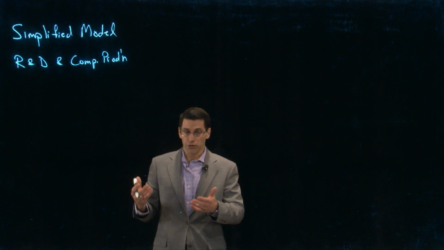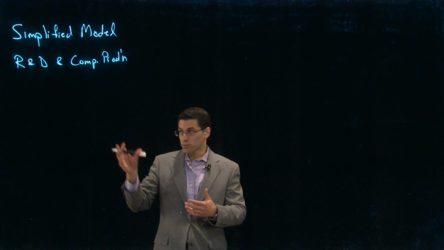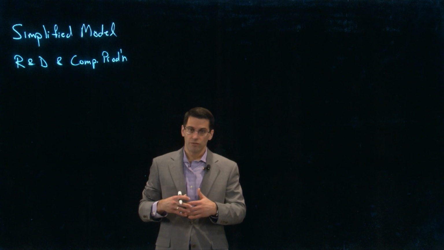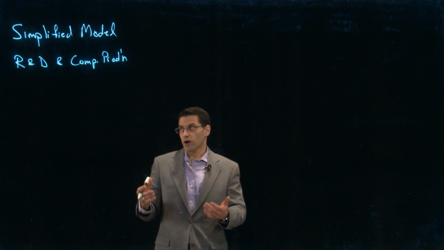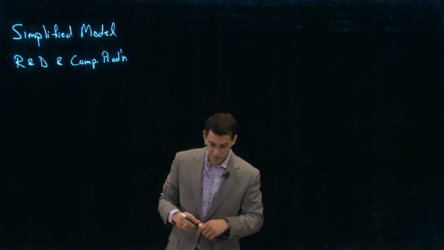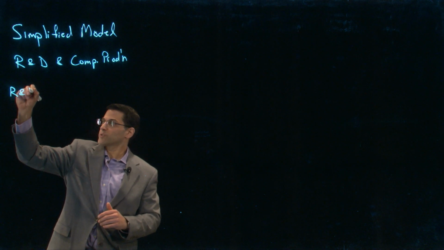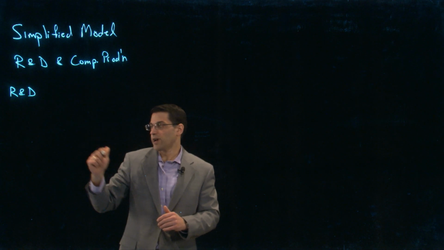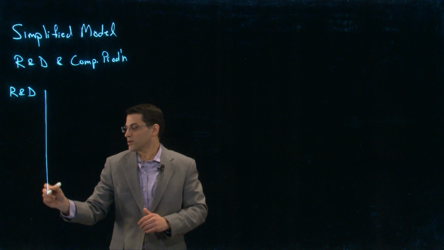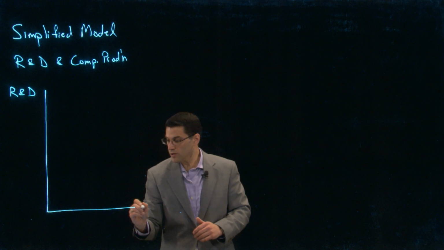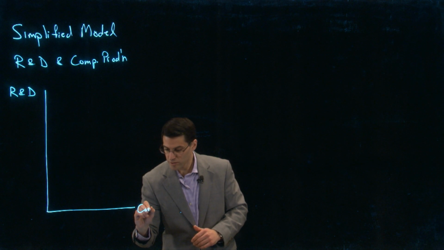Well, similar interpretation here, but the two goods in question, instead of being final consumer goods, are going to be R&D and components. And to be consistent with the way the textbook presents it, I'm going to put R&D on the y-axis and production of components on the x-axis.